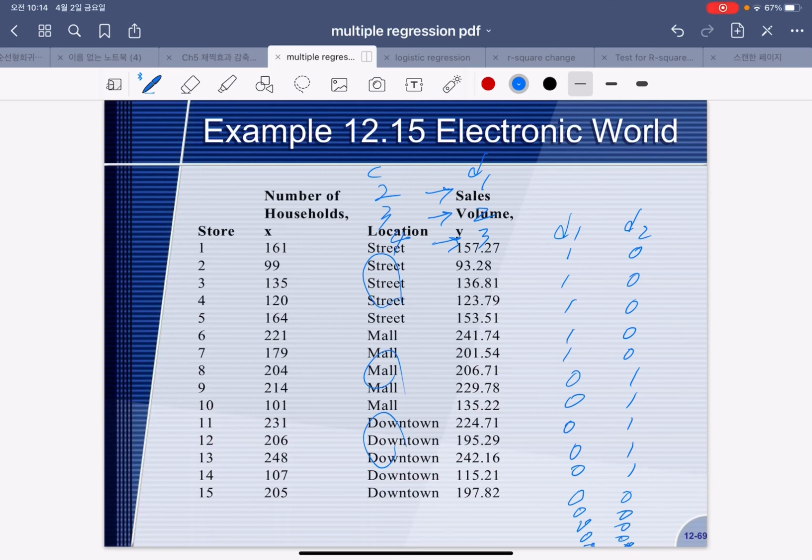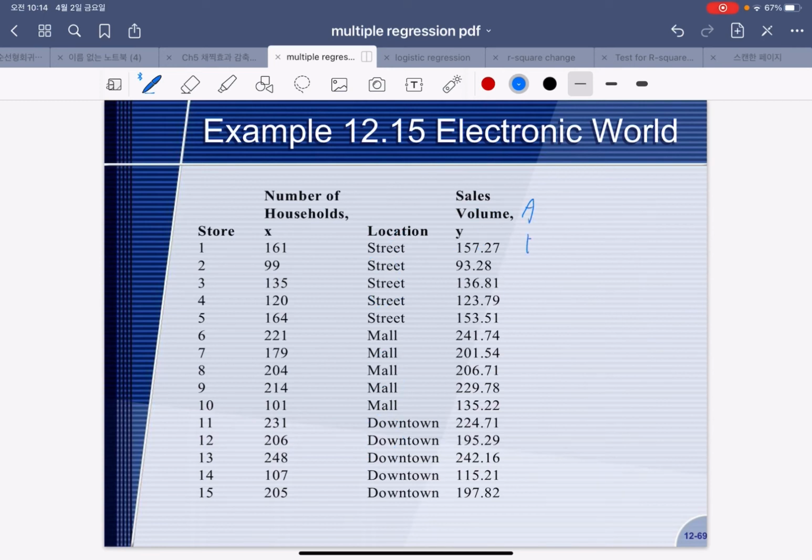Suppose you want to transform blood type to dummy variables. In that case, you have four blood types: A, B, O, and AB. So you have 4 categories, and you need 3 dummy variables: dummy 1, dummy 2, and dummy 3.